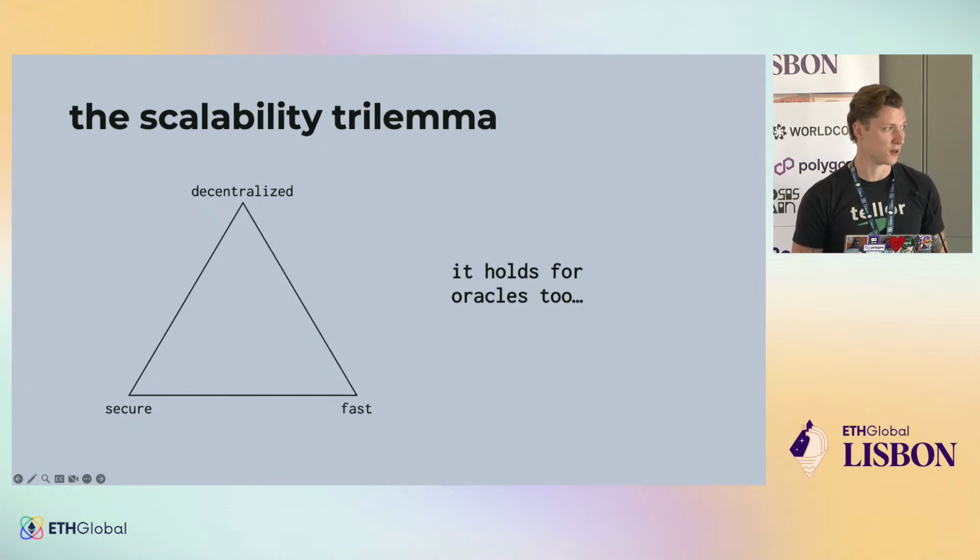Because you can think of, if you had the question, like who's the president of the United States? What's a really slow oracle? If you remember, one of the original oracles out there was Augur, or Gnosis, back when Gnosis was a prediction market.